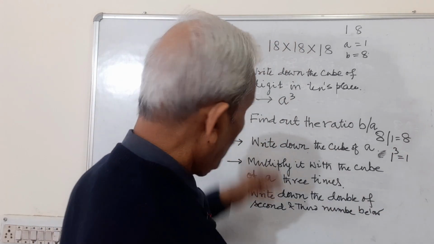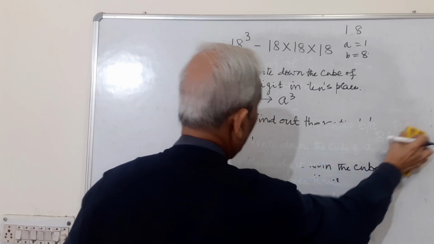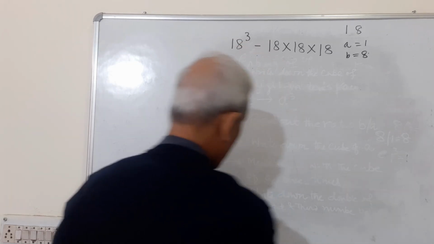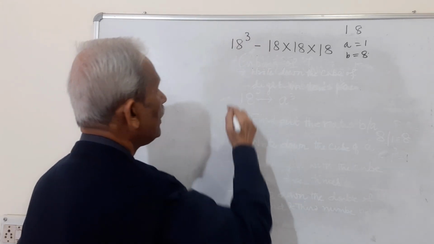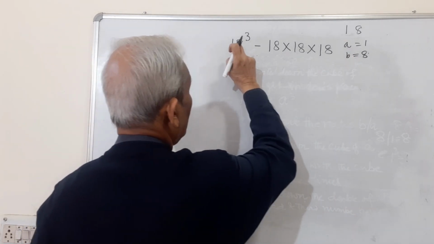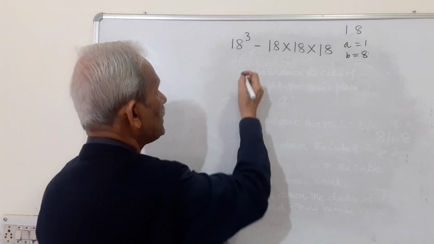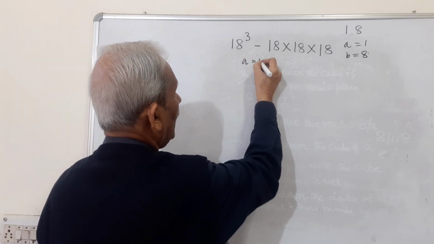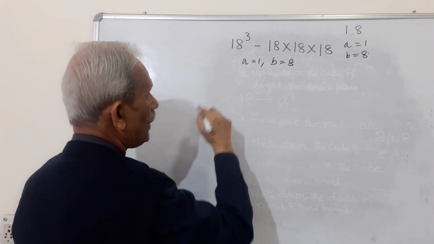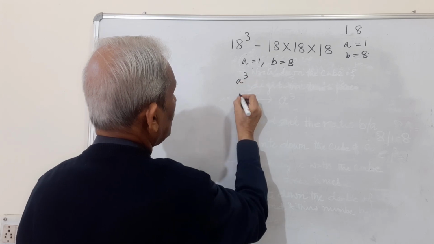And then what you have to do, we'll just see it now practically with the actual example. Remember the steps. So the first step is write down the cube of the digit in the tens place. Here a is equal to 1 and b is equal to 8. The digit in the tens place is 1, so write down a cube, which is equal to 1.